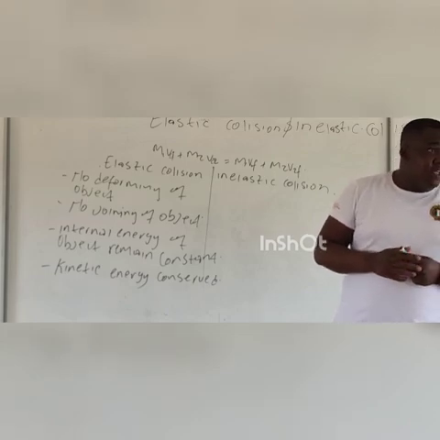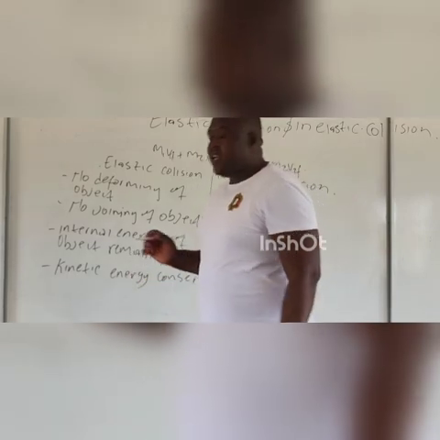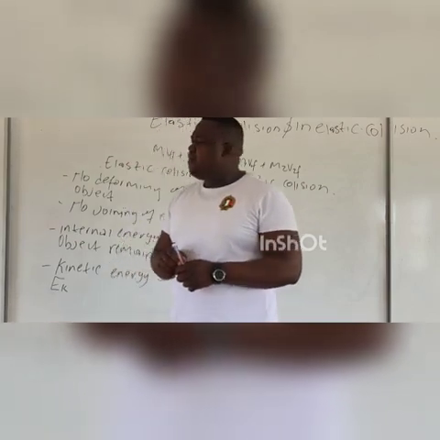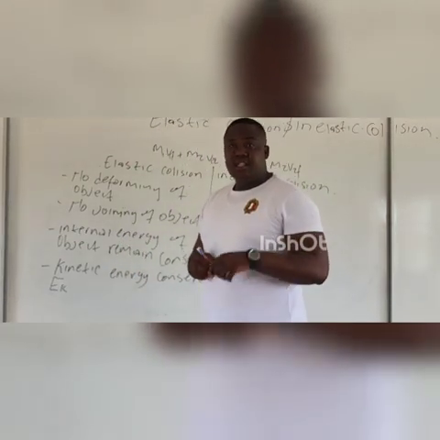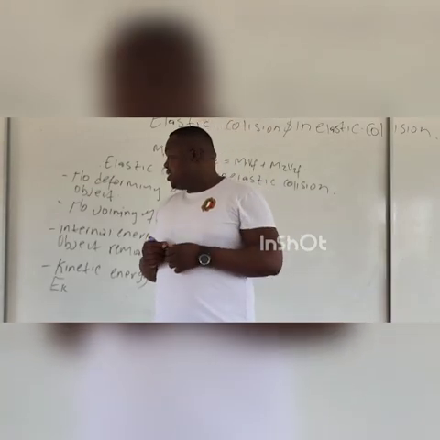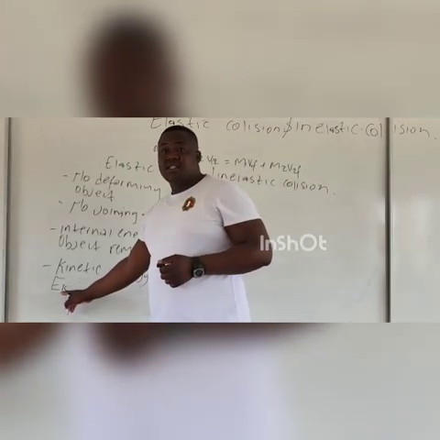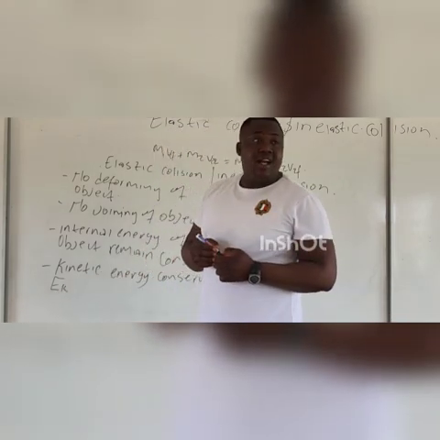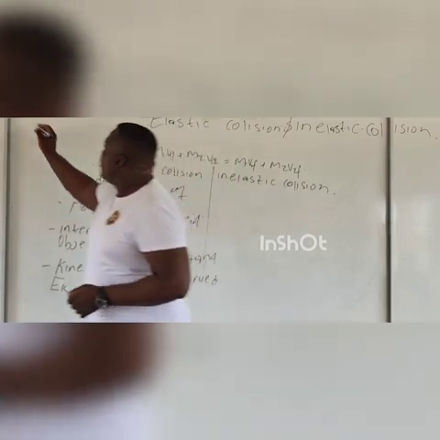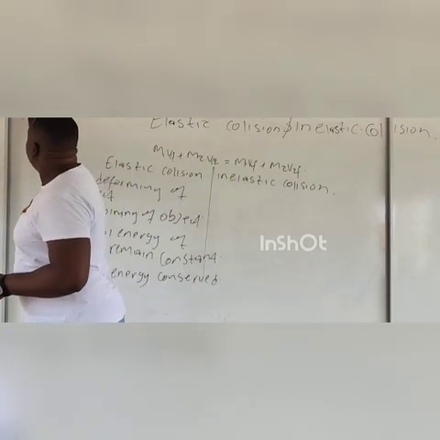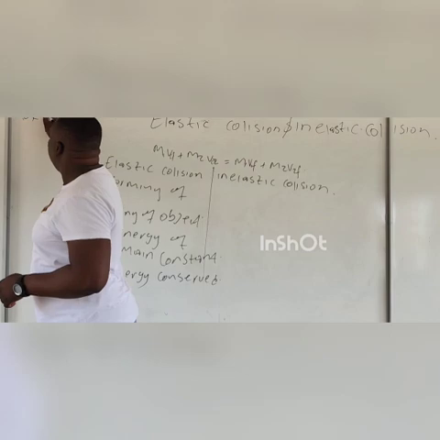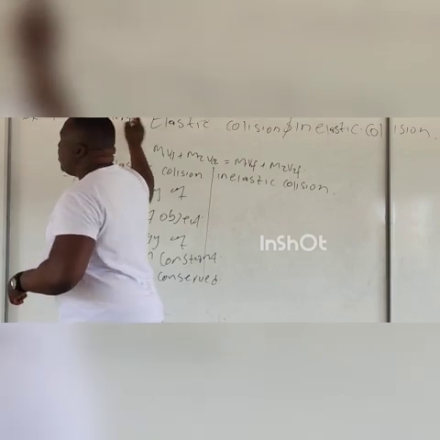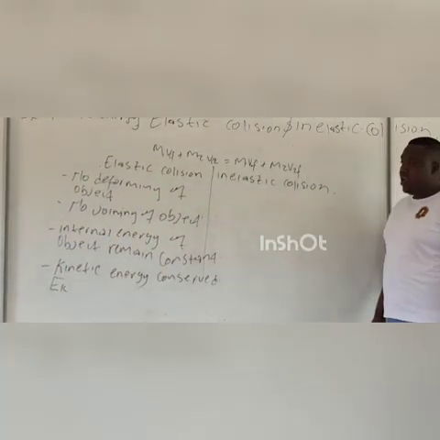For kinetic energy, we write EK. You see EK? We're going to talk more about kinetic energy in this grade. This EK represents kinetic energy. Please write: EK, with K as a subscript, implies kinetic energy.